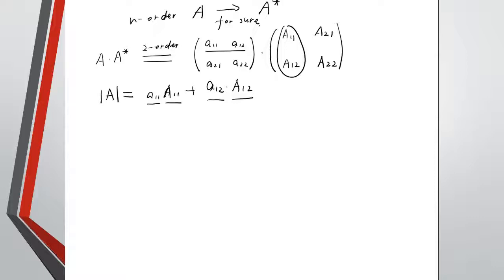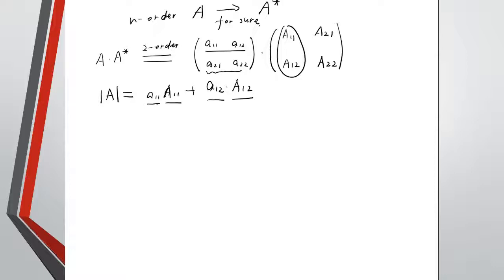Yeah, the corresponding element and the corresponding algebraic complement matrix, when they multiply together, now we can say that this actually equals the determinant of the matrix. Okay, so let's try this one too.